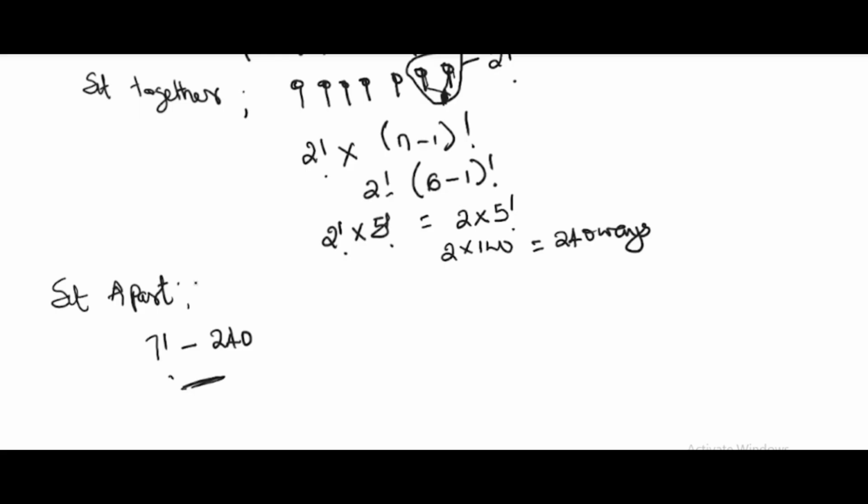Do you understand? When you find your 7 factorial minus 240, that is just it. So sitting together and sitting apart is just like opposite words. Just like if I ask you the opposite of come, it is go. Do you understand? So if they are to sit together, deduct it from the normal permutation without conditions, and you will get sitting apart. As simple as ABC.